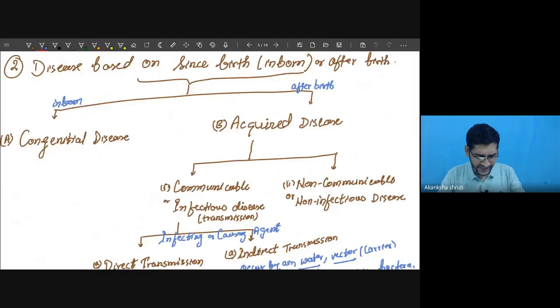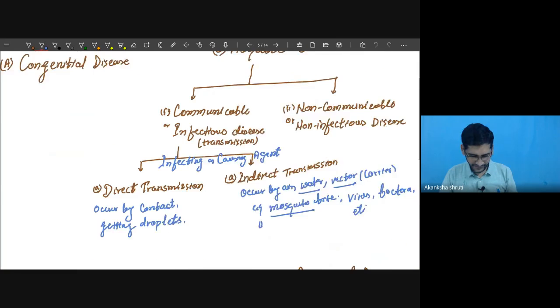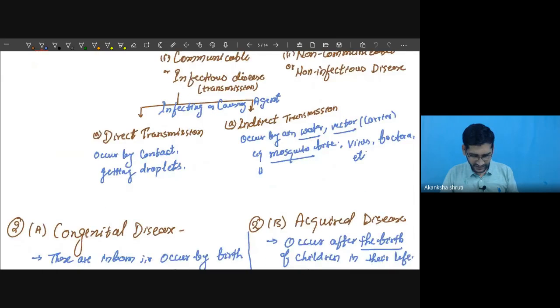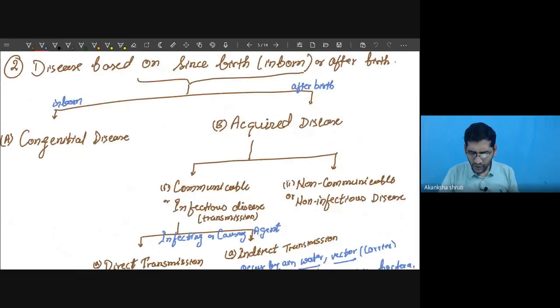The next classification was based on whether the disease is by birth or the attack of disease is after birth. If it is by birth, it is called congenital, and if it occurs after birth, then it is called acquired disease.